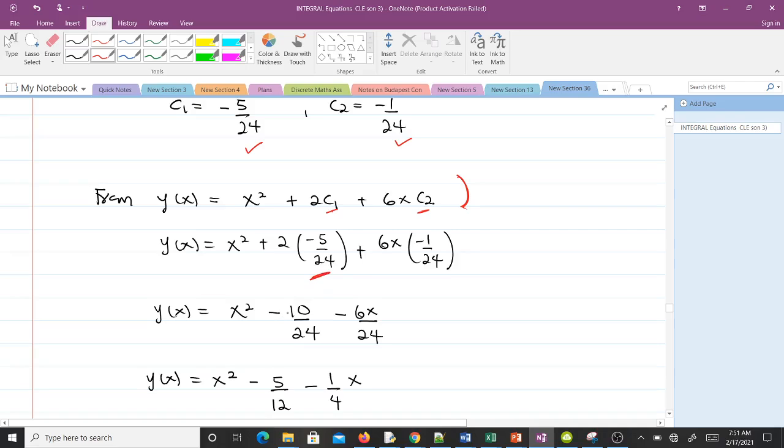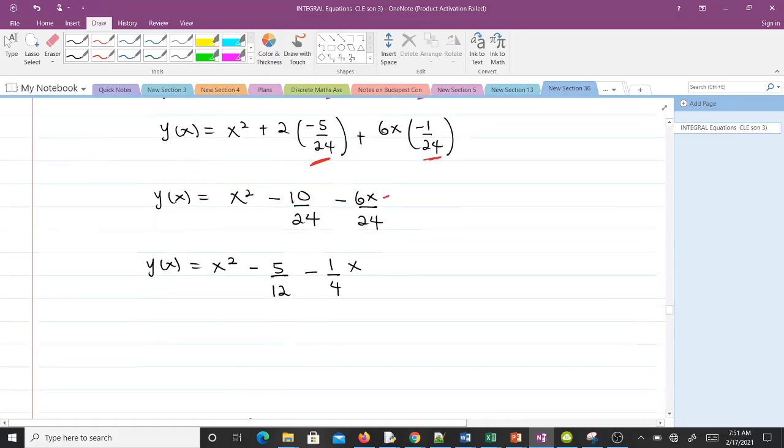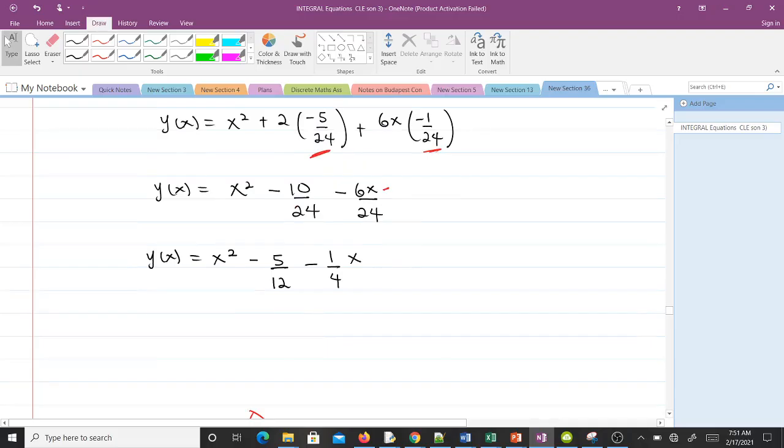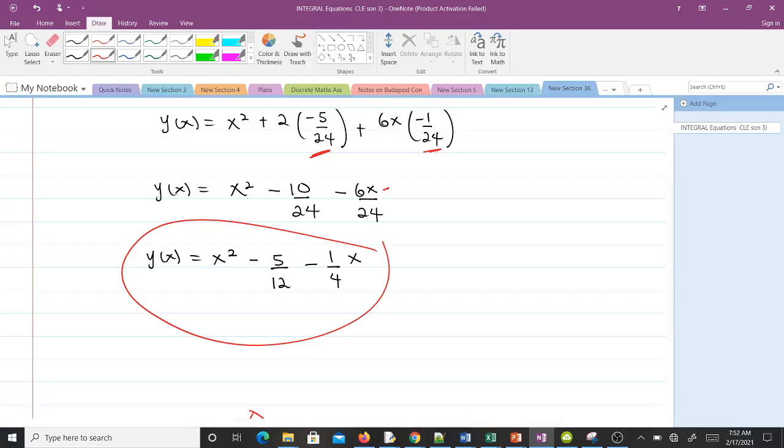This gives minus 10 over 24 and minus 6x over 24. Breaking this down further gives y of x equals x squared minus 5 over 12 minus 1 over 4 x. This is the particular, or exact, solution to the integral equation that we had.